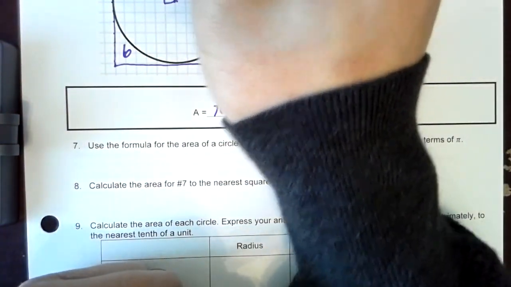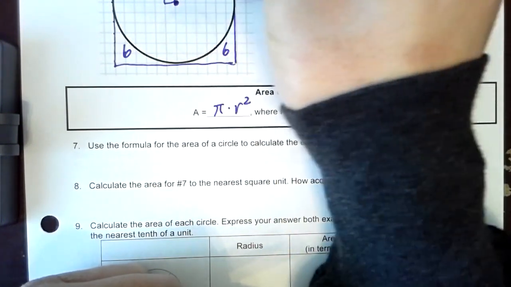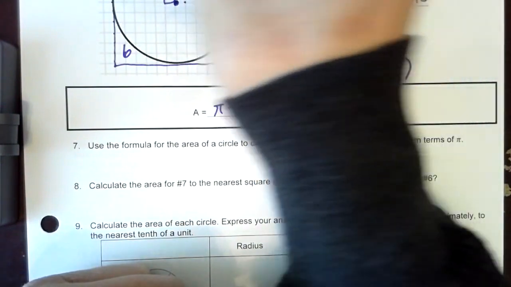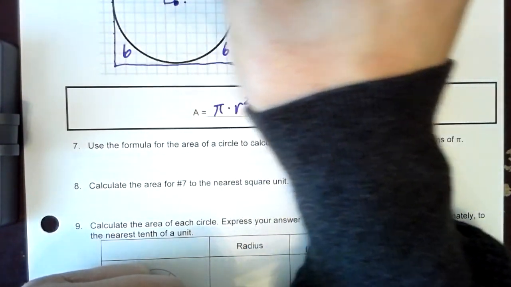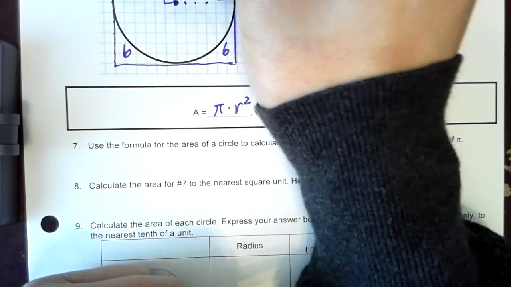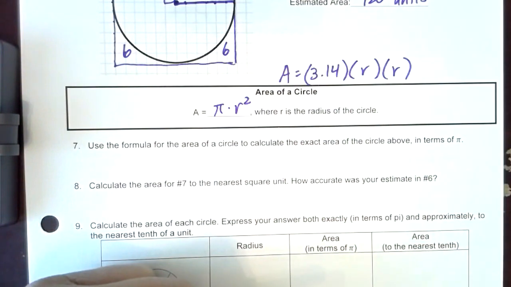Remember, by definition, the radius is the distance from the center to the edge of a circle. So we kind of knew that this was 12. So the diameter is 12. So I already know that the radius is 1, 2, 3, 4, 5, 6. Yep, 6. Okay.